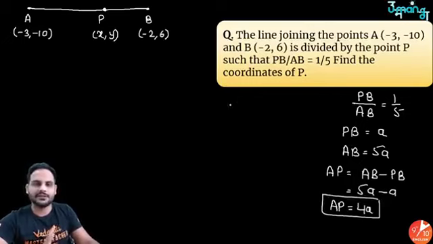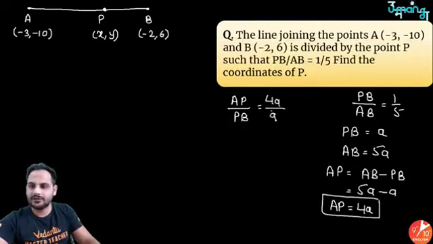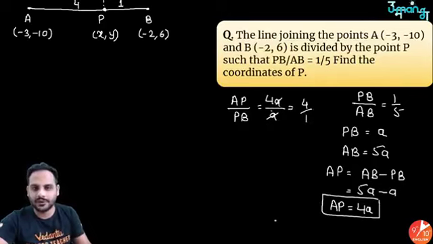Now see, in the section formula, remember, we don't want the ratio of PB with AB. In the section formula, we want the ratio of AP with PB. So ratio of AP with PB will be 4a upon a, that is 4 is to 1. So the ratio in which it is dividing is 4 is to 1. Correct?